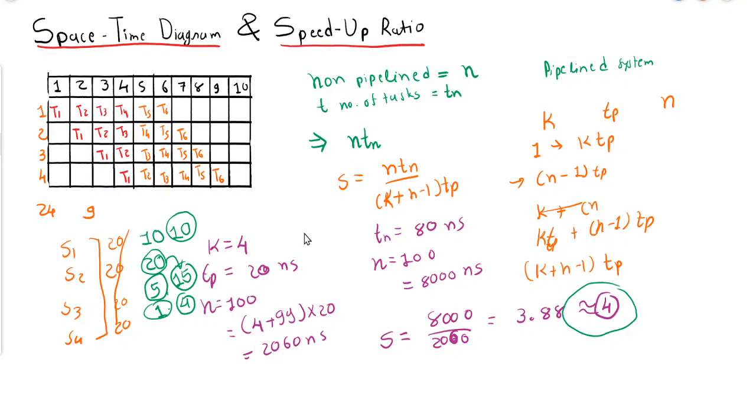So while we are getting the speed, there will also be some downside, and we have to consider accordingly what should be the number of segments in the pipeline.